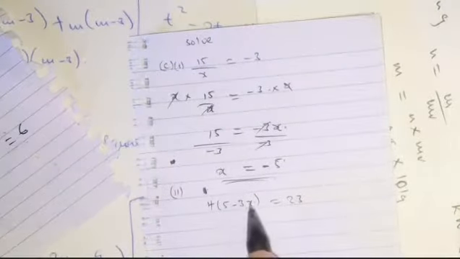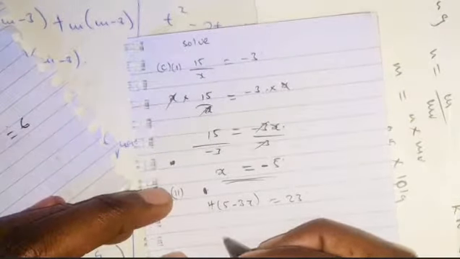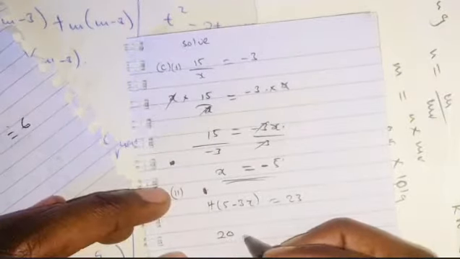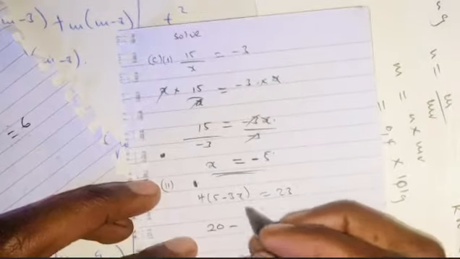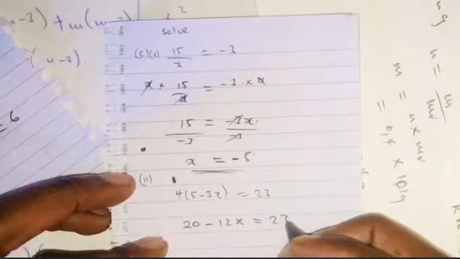Then of course we are asked to solve this equation. We just say 4 times 5, that's equal to 20, minus 4 times 3, that's 12x, is equal to 23.